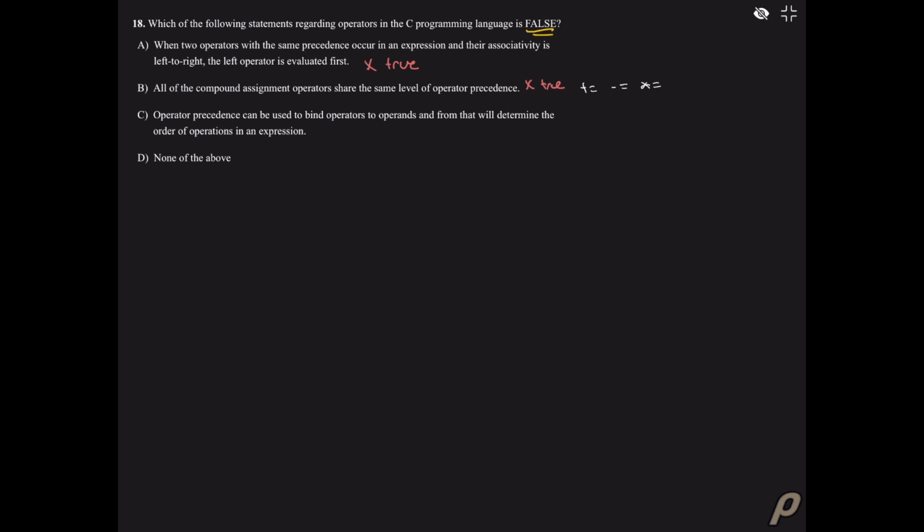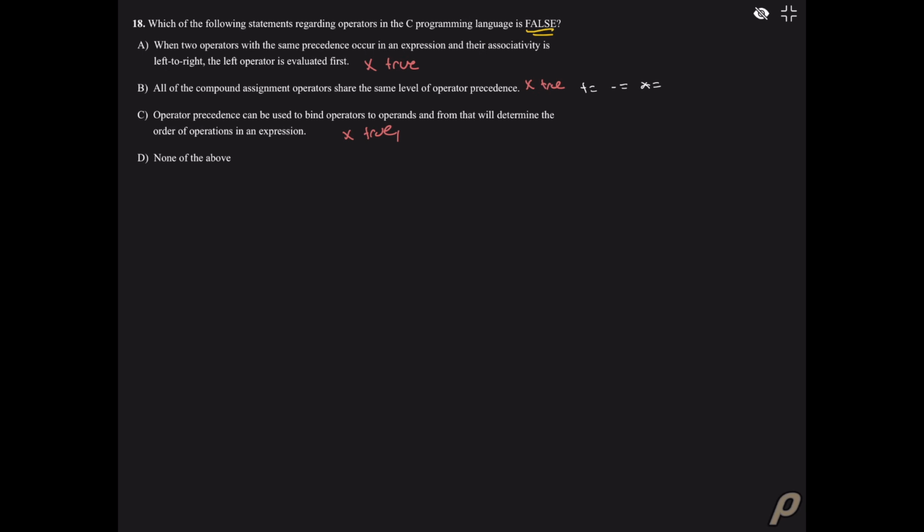And then C, operator precedence can be used to bind operators to operands, and from that will determine the order of operations in an expression. Kind of a wordy question. Lots of operators, lots of operands. So what all is going on in this? If we give this a little thought, we do actually know that this is going to be true. And why is this true, you might ask? Operator precedence is effectively the same as the order of operations in math, like I mentioned before.